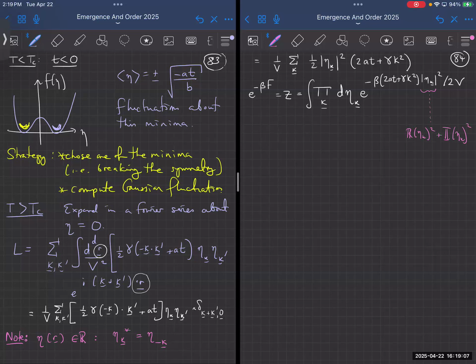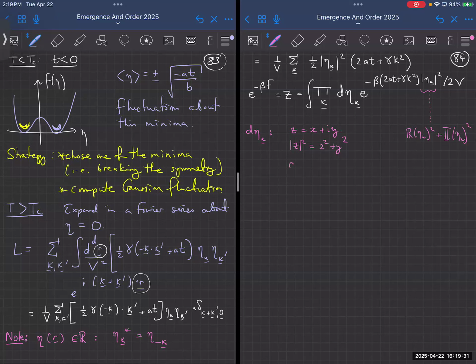And then the second thing is, if I think about what is d eta k, this is like if I have a variable z equal to x plus iy, then the absolute value of z squared is x squared plus y squared.